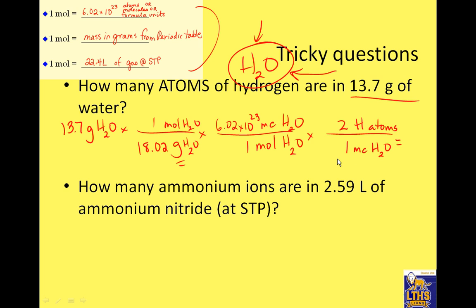And then 1 molecule has 2 atoms of hydrogen. So it's time for the calculators. 13.7 divided by 18.02 times 6.02 times 10 to the 23rd times 2 gives us, that is a lot of hydrogen atoms, 9.15 times 10 to the 23rd hydrogen atoms.